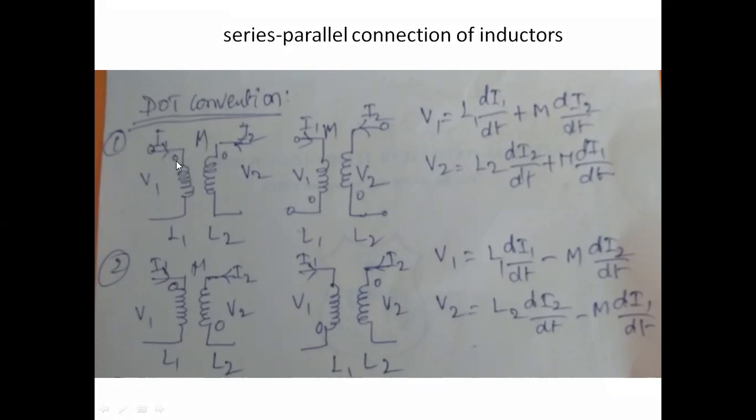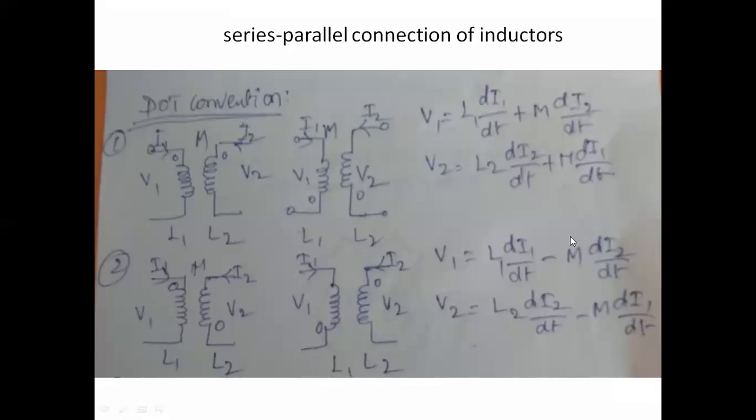Here the two dots are at the top side, the same side. Similarly, in this figure also we have dots at the downside. So it indicates the flux producing, and it also shows the flux ending.